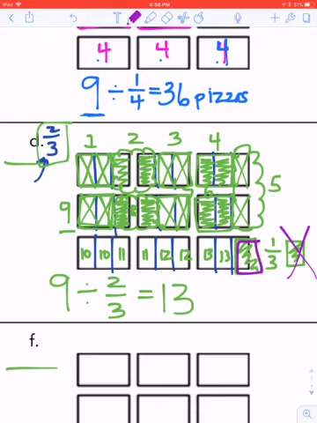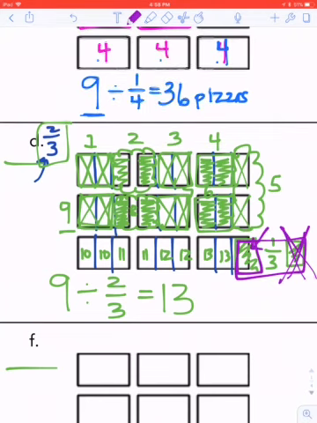So really we have half of this pizza. So we don't have this section, but we do have this section. So in your answer, 9 divided into 2/3 equals 13 and half of another pizza. That one's tricky.